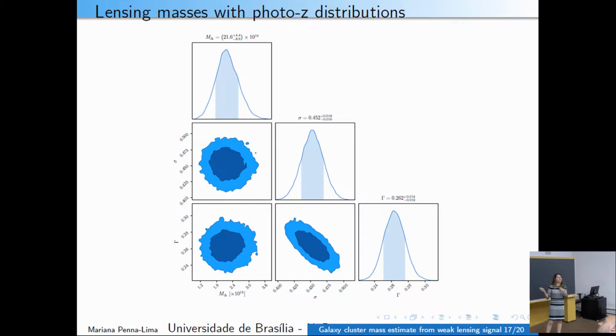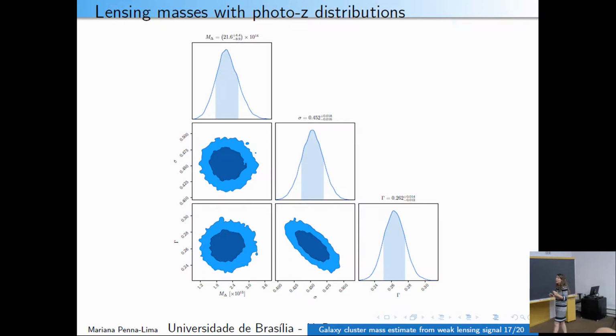So the methodology is working pretty well for simulation. This simulation is really simplified, because all background galaxies are at the same redshift, 1.5, and they have a perfect distribution. But this is a first validation of our implementation.